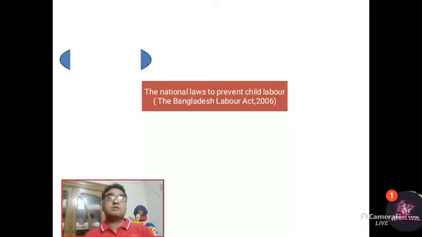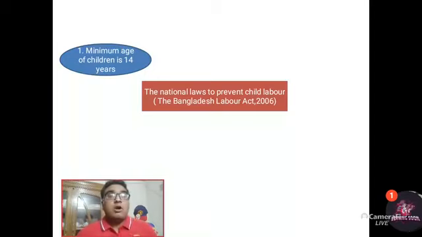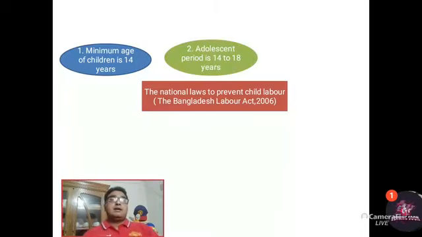Number one, according to the law, children under 14 will not be able to do work. Number two, the age from 14 to 18 will be counted as the adolescent period in the perspective of Bangladesh.